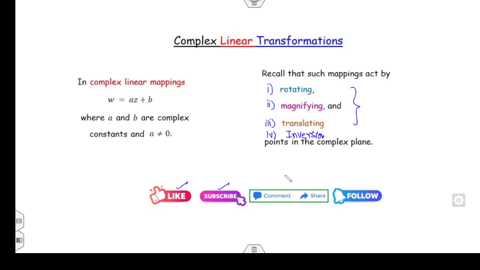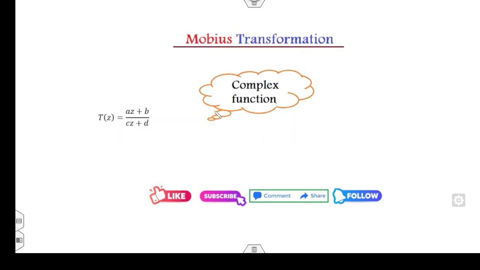Now if you closely look at the function that we have discussed so far, this is defined as a linear function AZ plus B. So consider the complex function that is a ratio of two linear functions, AZ plus B over CZ plus D, where A, B, C and D are complex constants.